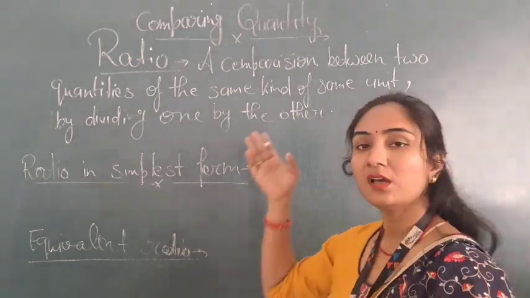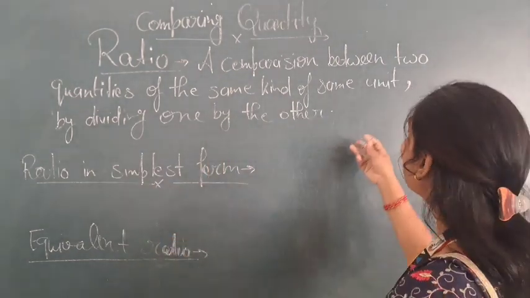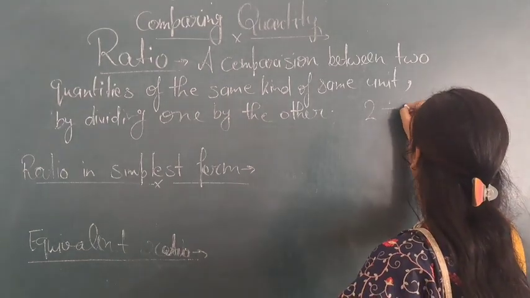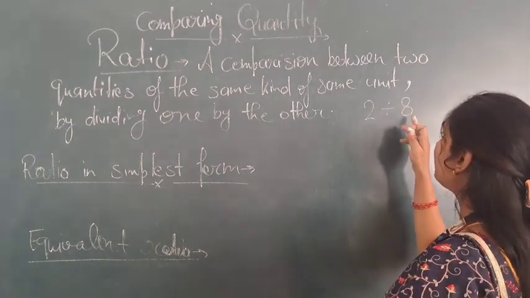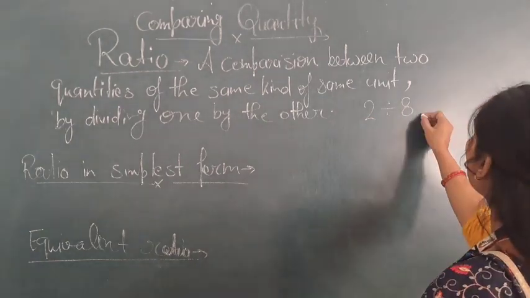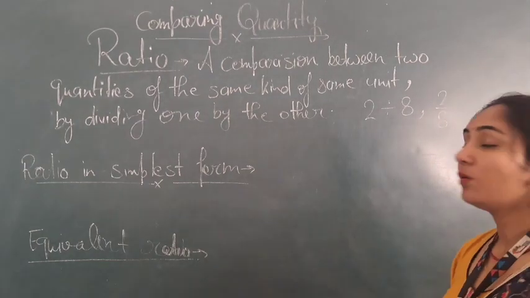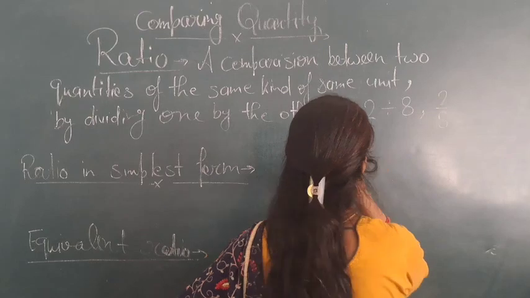If we divide one number by the other, then we can write 2 divided by 8. If 2 is divided by 8, then we can write it in the form of a fraction, 2 upon 8, and also in the form of a ratio, 2:8.